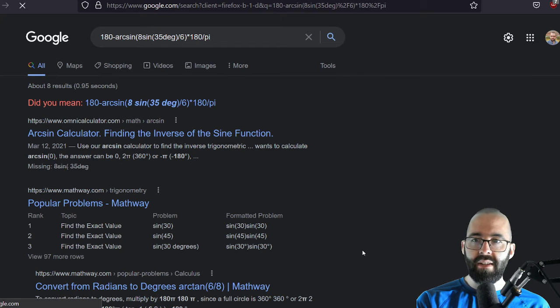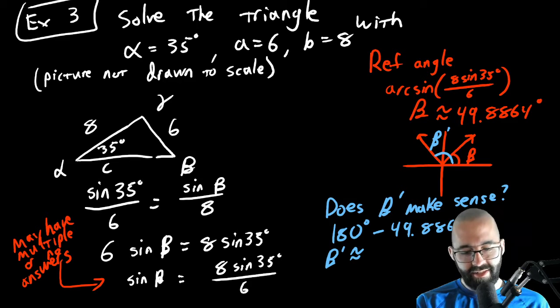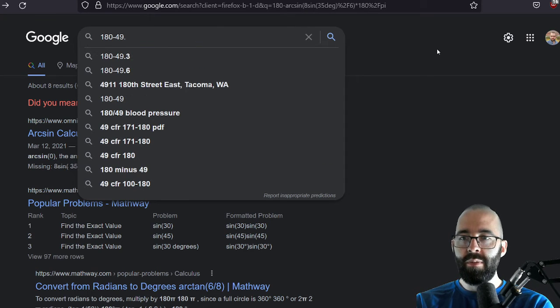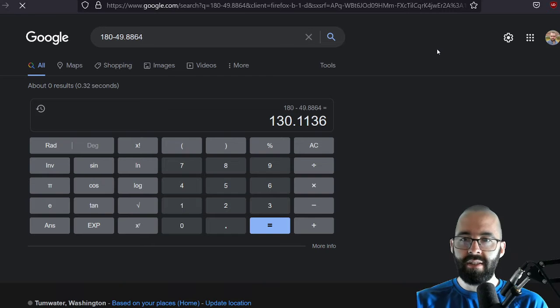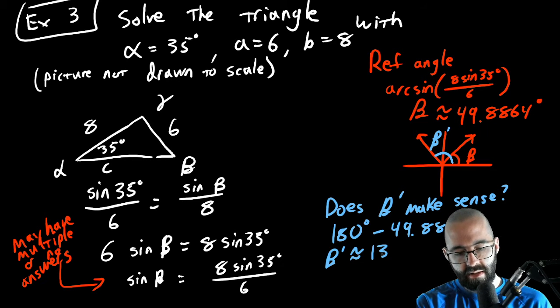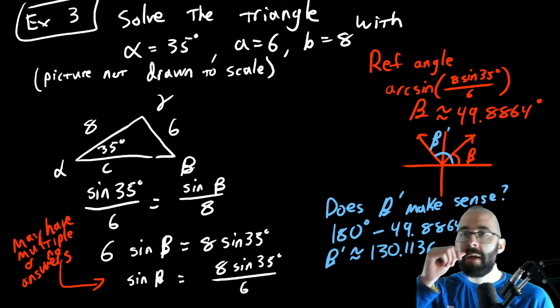Why is it so upset? Did I mean that? Sure. All right. 180 degrees, Google is failing me. Minus 49.8864. 130.1136. Does this angle make sense?